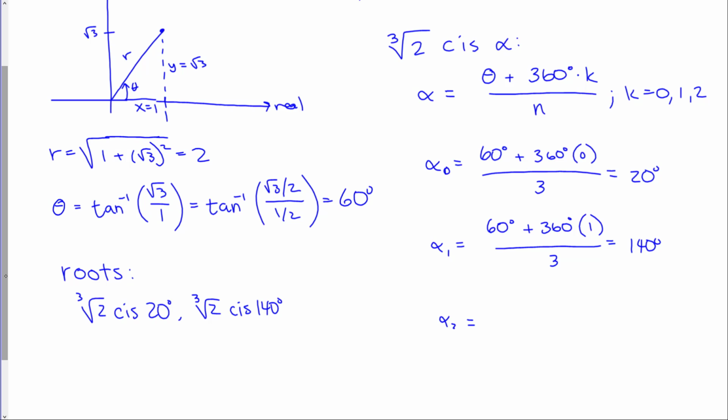And the last one, 60 degrees plus 360 degrees times 2, divided by 3. So 60 plus 720 divided by 3 is 260 degrees. So my last root is the cube root of 2 cis 260 degrees. And as long as I'm asked to leave those in trig form, there's nothing more I have to do. I'm all finished.